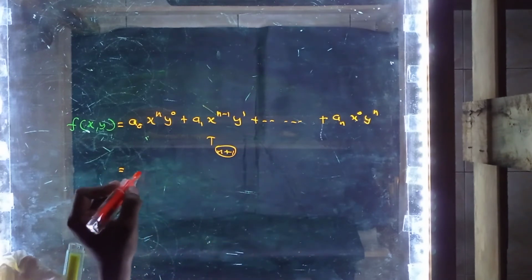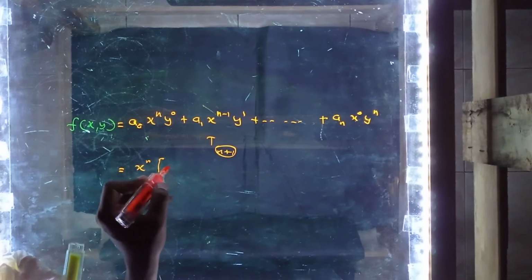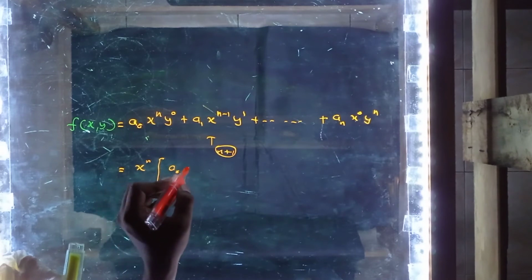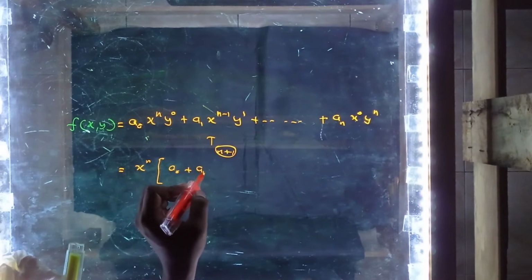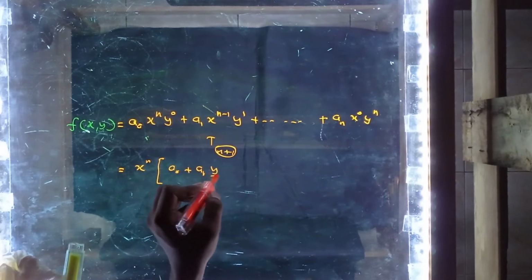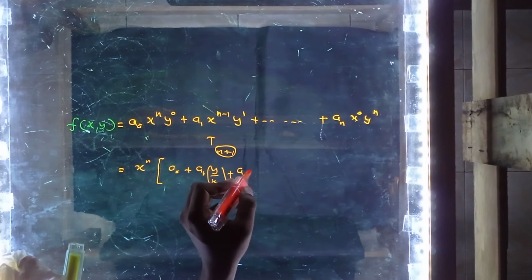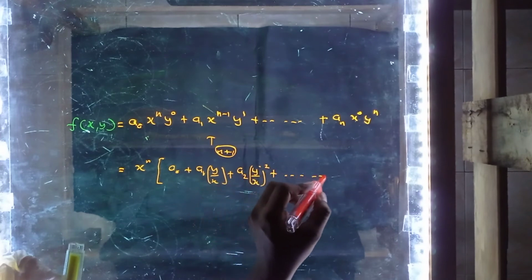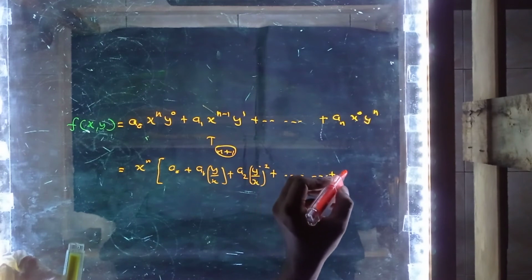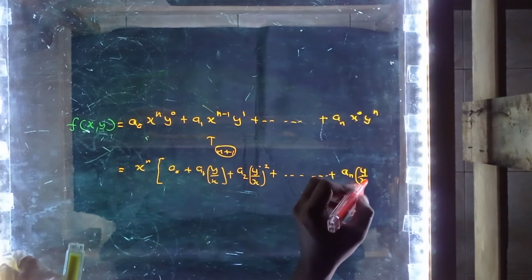If I take out x to the power n as a factor from all these terms, what will happen? The first term is just a constant coefficient. The next is a1 times y upon x. The next is y upon x squared, and the last term is a n times y upon x to the power n.